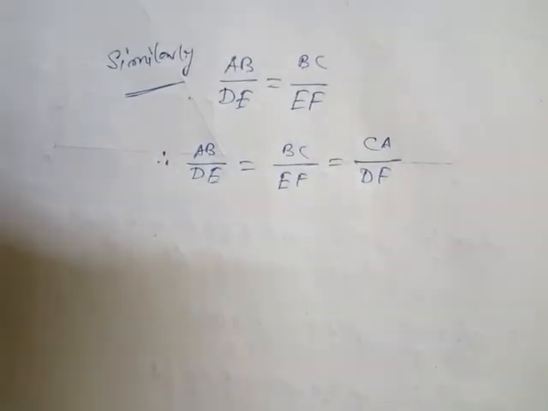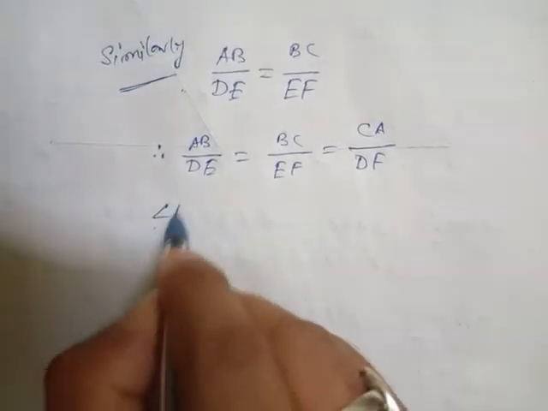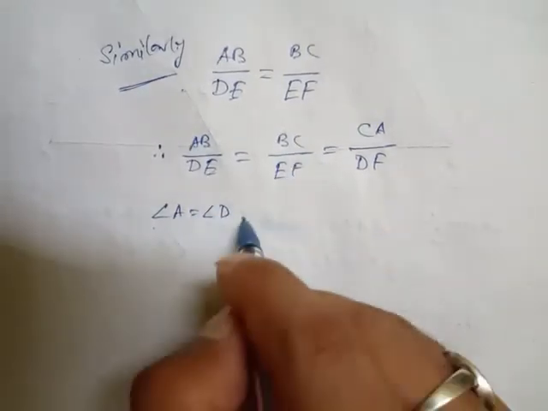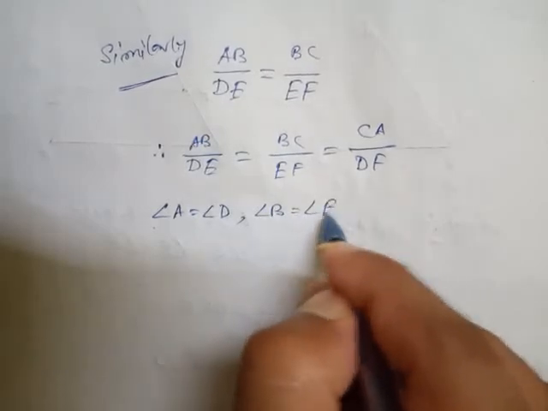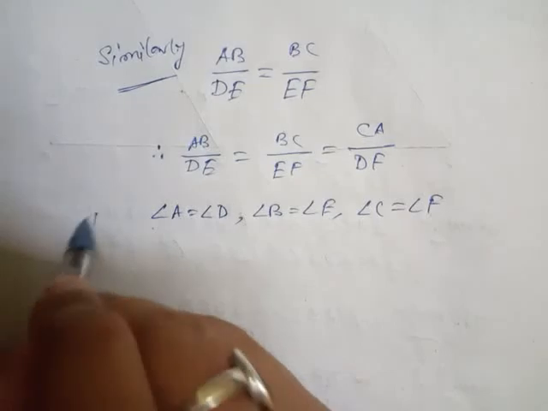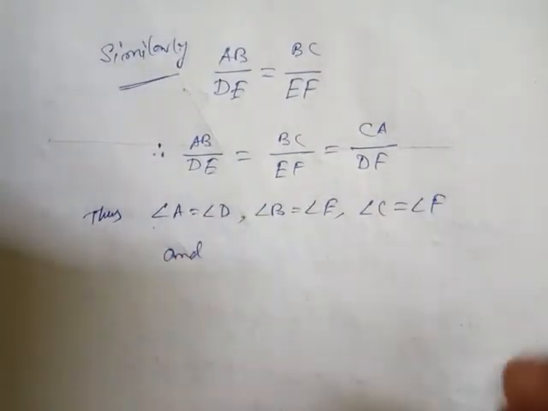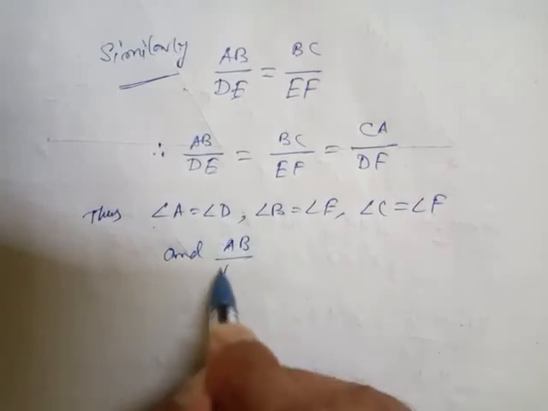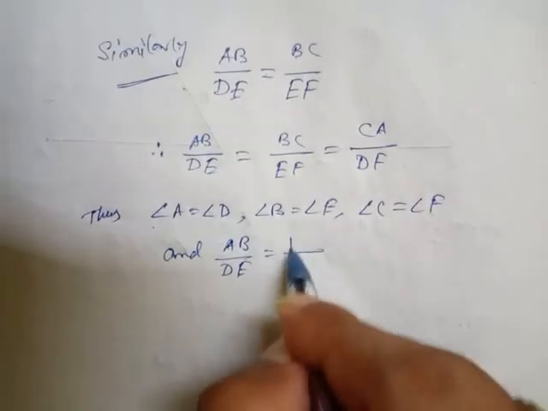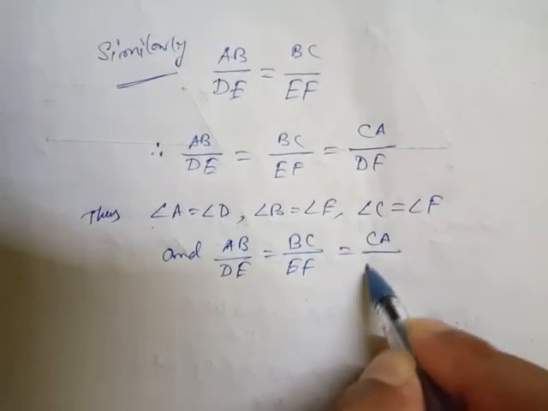Now look, what is the given condition here? The given was angle A equals angle D, angle B equals angle E, and angle C equals angle F. We'll write here thus, and this is our proof now: AB by DE, BC by EF, then CA by DF.